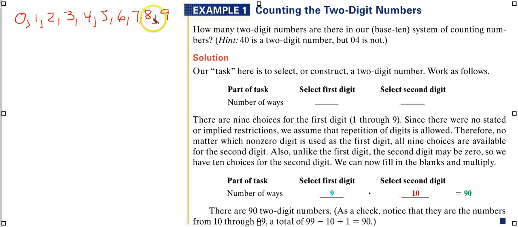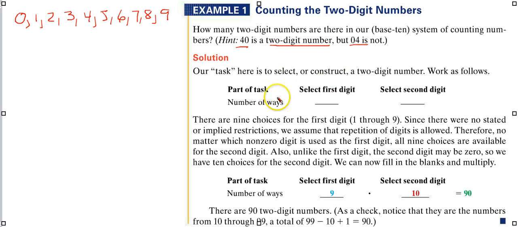And then we combine them through an orderly sequence to get our counting numbers. Well, keep in mind that 40 is a 2-digit number, but 04 is not a 2-digit number. So, our task here is to select or construct a 2-digit number.